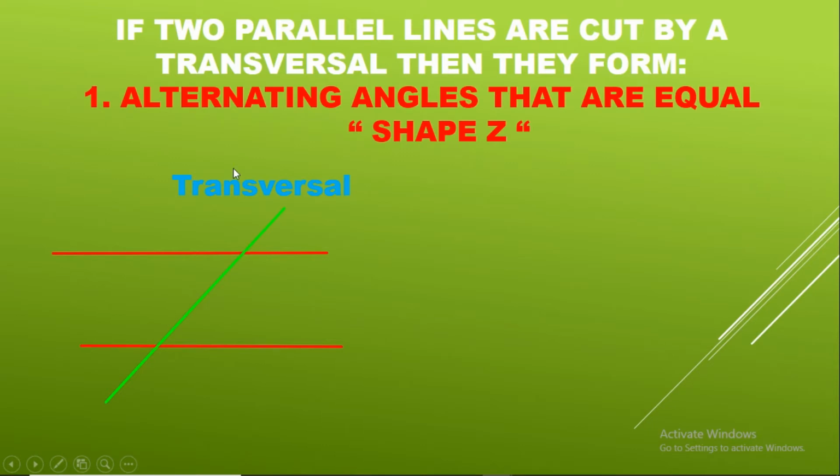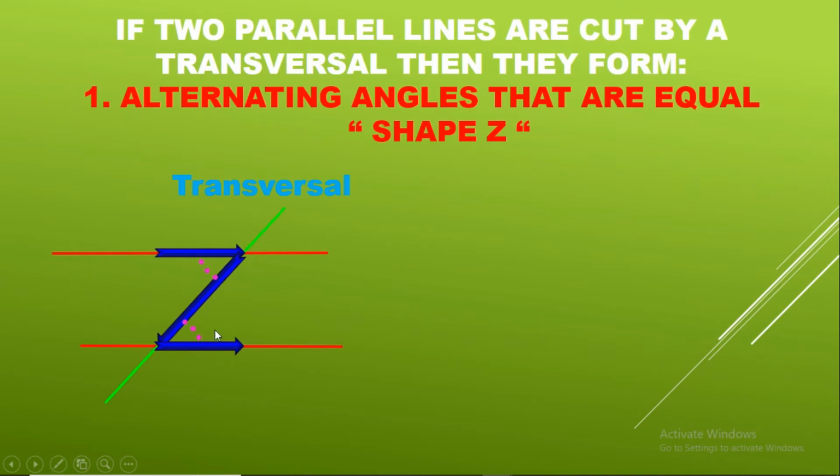The alternating angles form the shape Z. If we want to get them on our figure, we move on parallel, then transversal, and then the parallel. As you see, here is the shape Z. In this shape Z, we have two included angles that should be equal to each other. They have the same measure and they are said to be alternating angles.